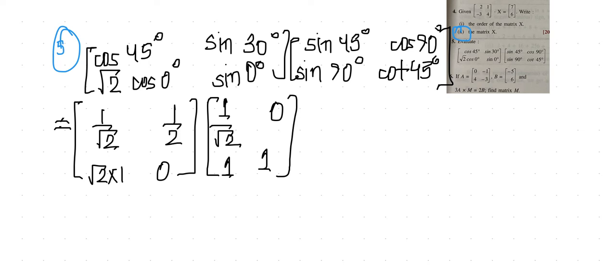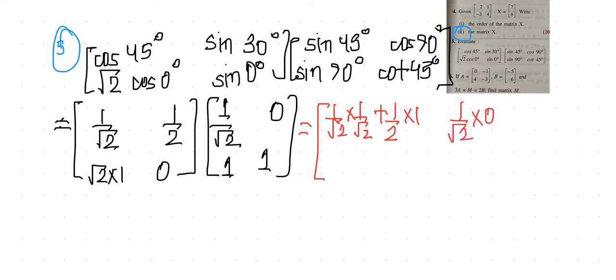And then now you are just going to multiply this. So what you will be writing, this is equal to, write down 1 upon root 2 into 1 upon root 2 plus half into 1. Okay, and here what you are getting, 1 upon root 2 into 0 plus half into 1.